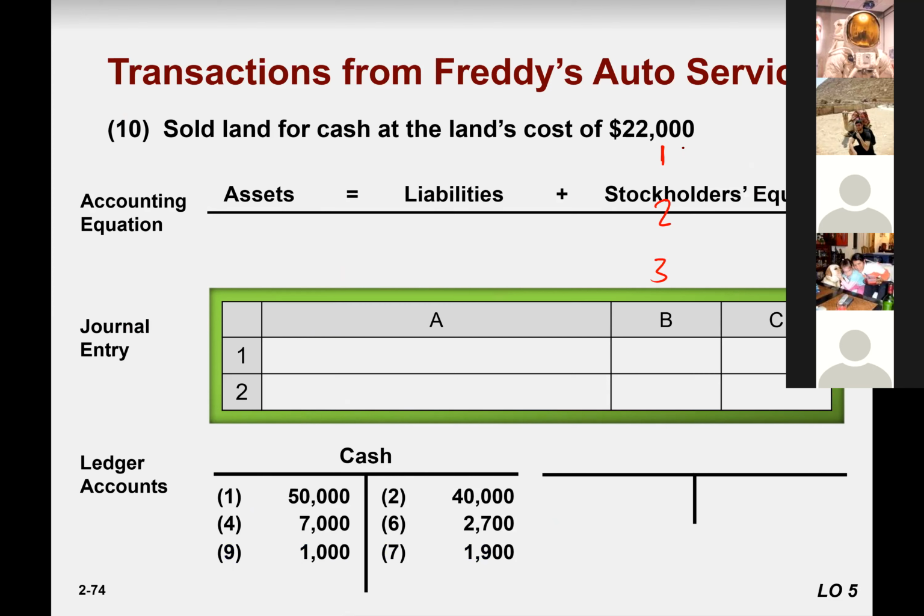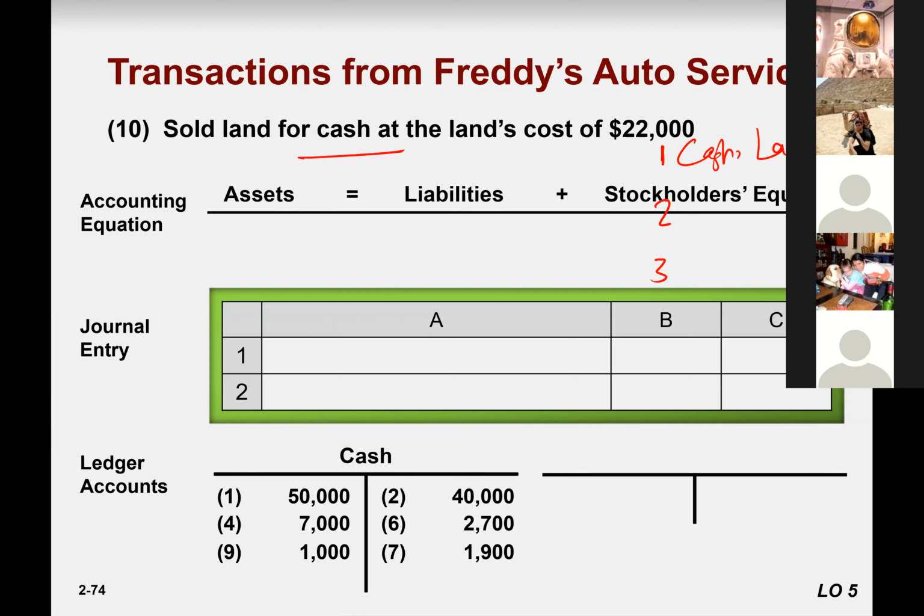Which two accounts? Sold for cash, right? It means cash. What is the second account? Land. Well done. The second account is land.